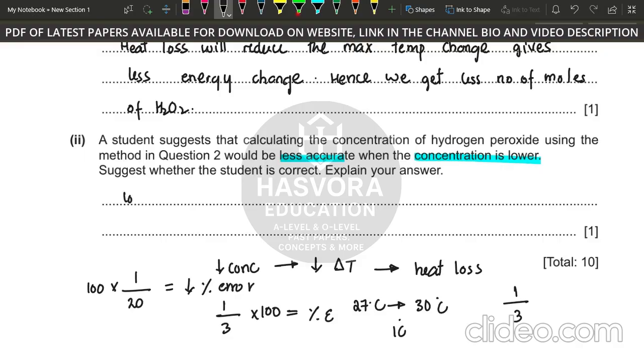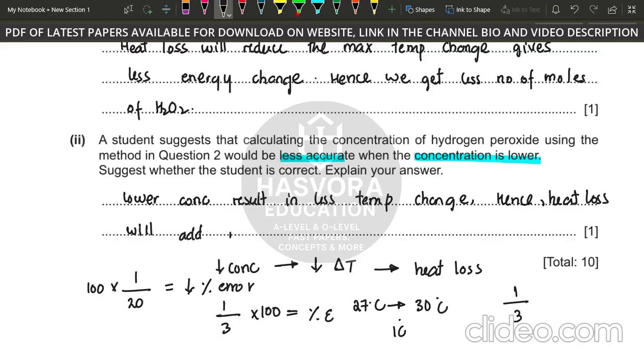So lower concentration results in less temperature change, hence heat loss will add more percentage error to it.